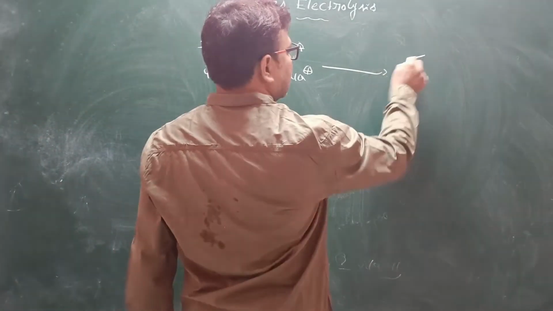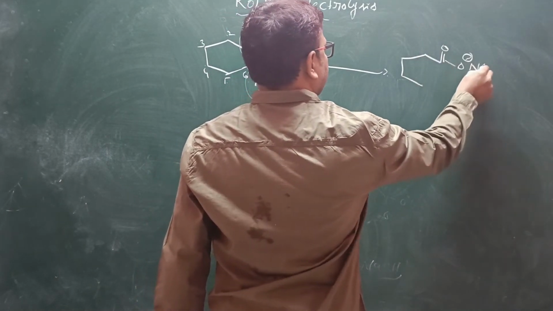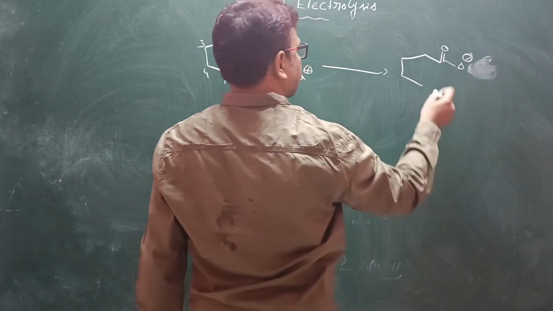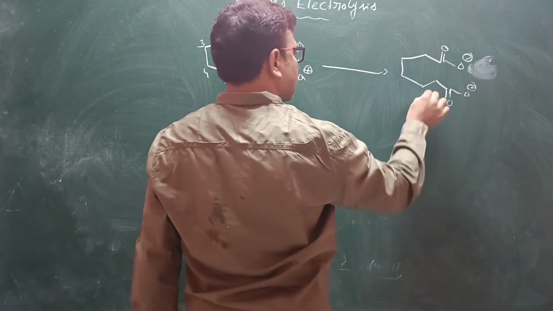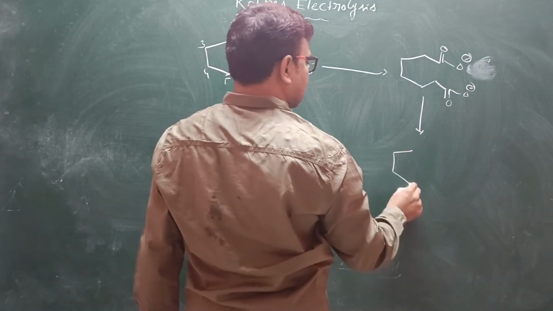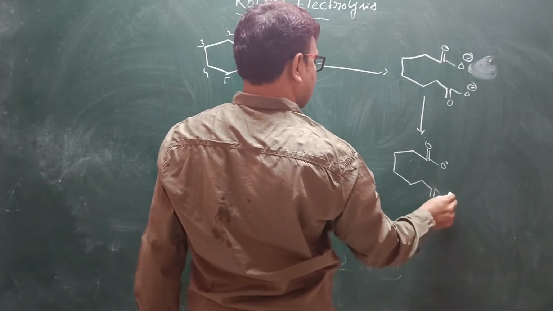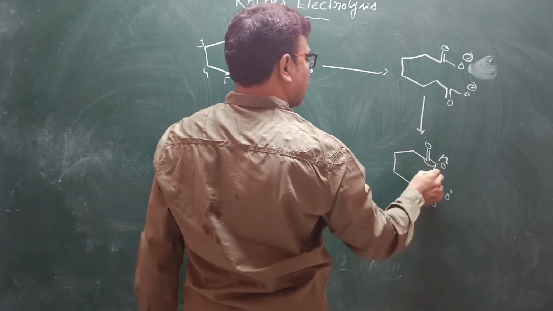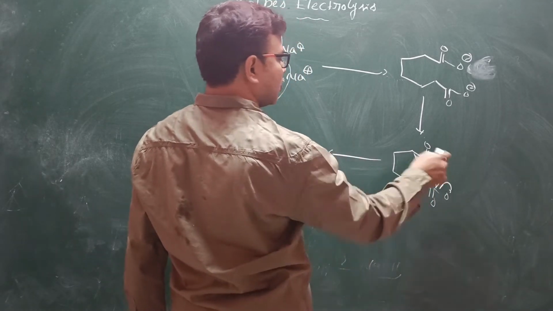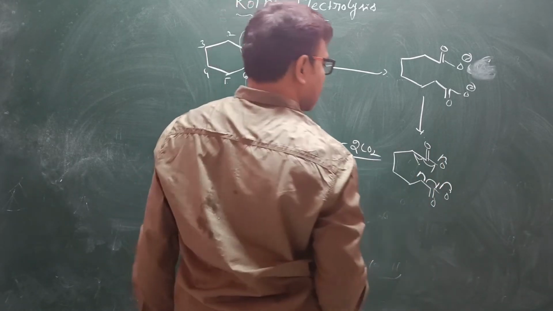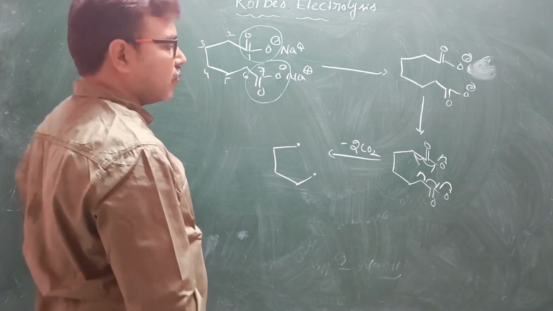Okay, so first it is converted to the carboxylate anion. At the anode, it undergoes oxidation. Now it involves homolytic cleavage. Loss of 2 moles of CO2 to give the diradical.